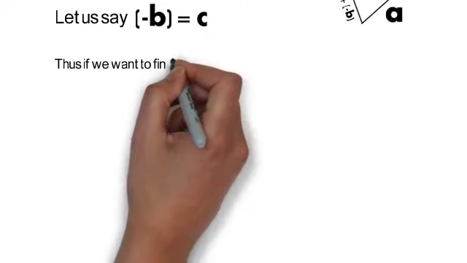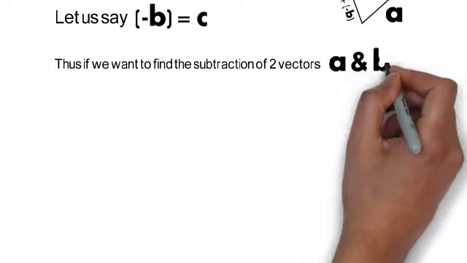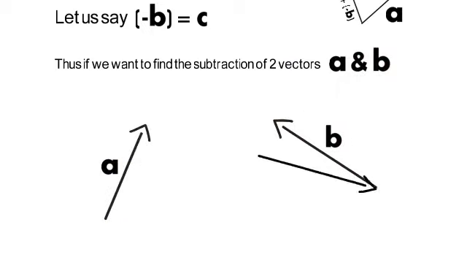Thus, if we want to find the subtraction of two vectors, A vector and B vector, we reverse the direction of B vector, the vector which is to be subtracted, and then we add the minus B vector to the A vector.